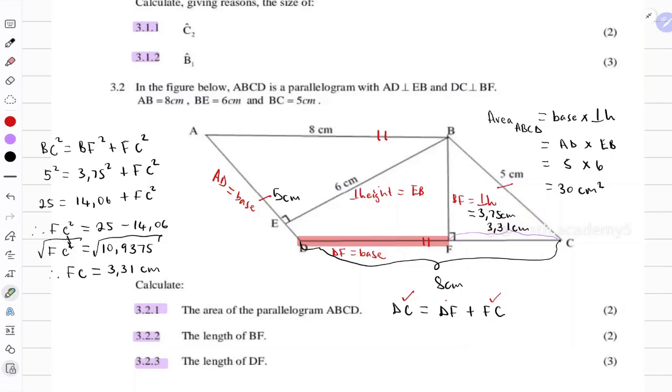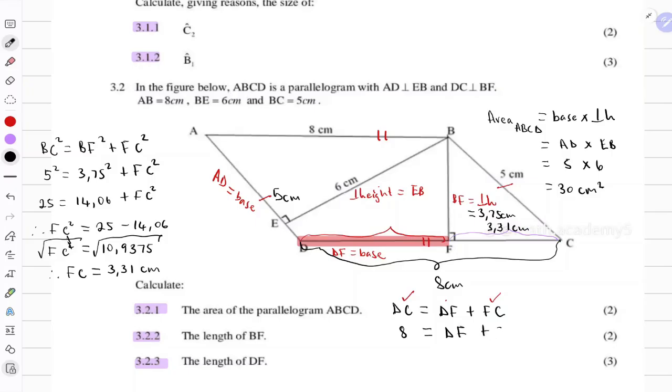So now let's find what the size of DF is going to be. Let's find this distance here, right? So let's plug what we have into this equation. DC is 8, which is equal to DF, what we're looking for, plus FC.